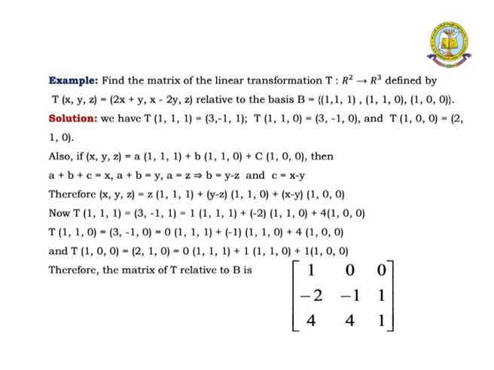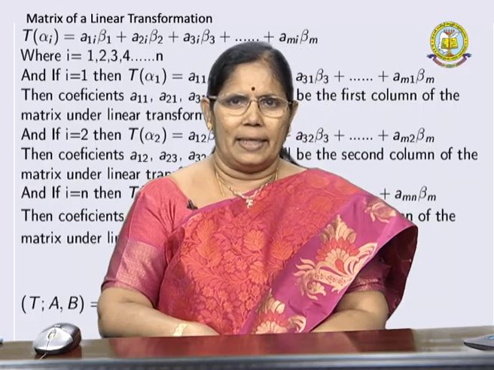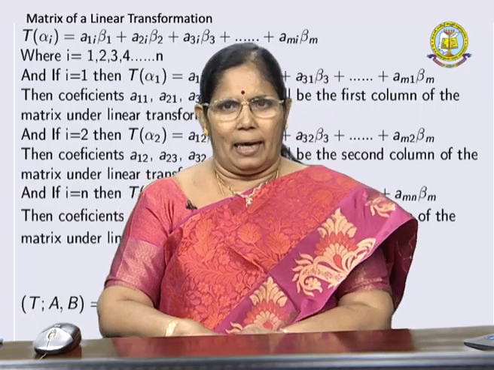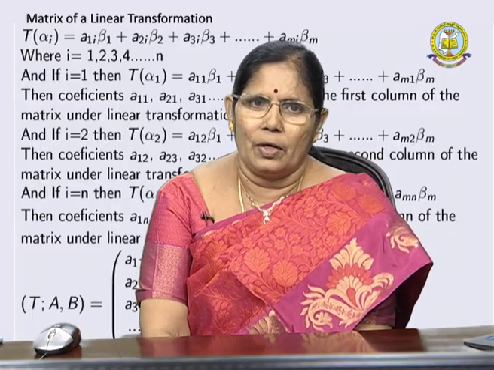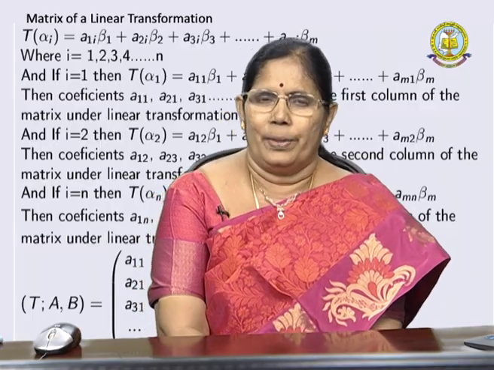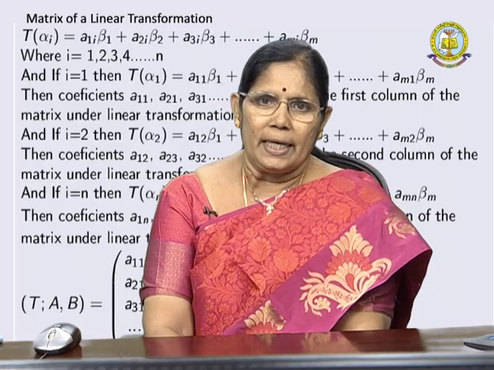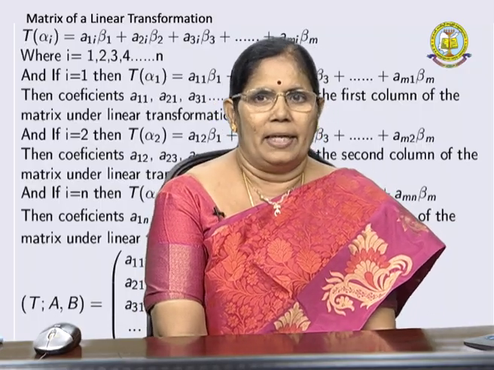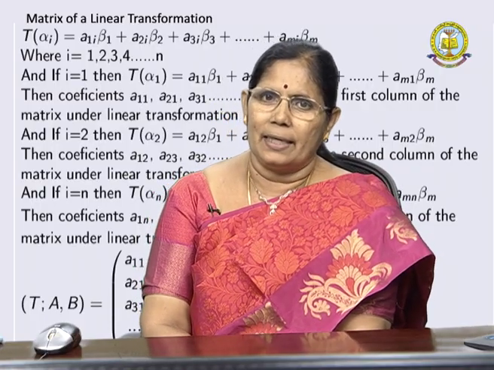So, in this way we will have the matrix of a linear transformation, and after forming the matrix, we will have similarity of linear operators. What do you mean by similarity? Suppose T1, T2 are two linear operators on a vector space V over the field F. What is a linear operator?